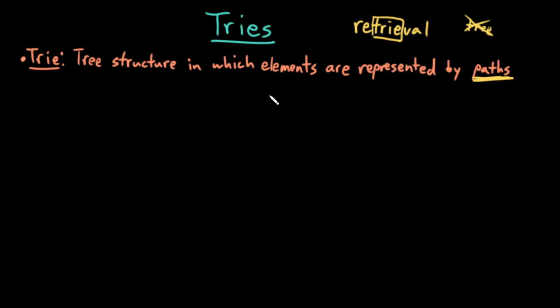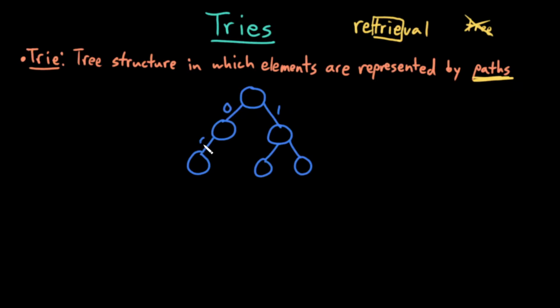Maybe I'll put a node here, a node here, and a node here. And it's a binary trie, so I have edges labeled by 0 and edges labeled by 1.